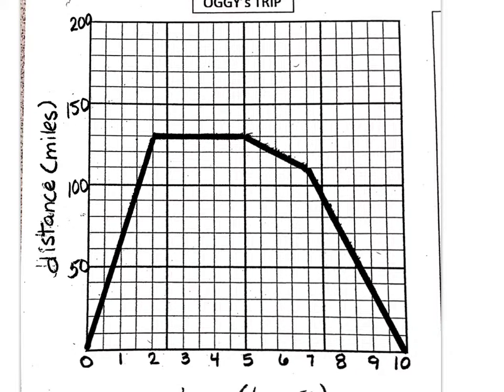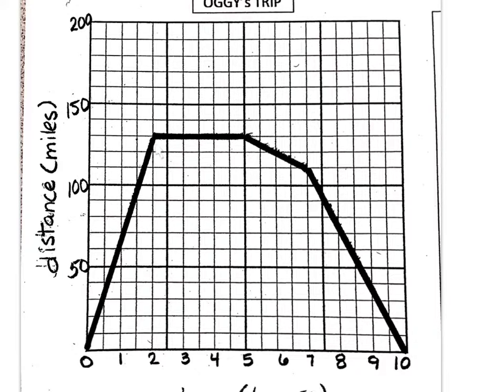In this video, we're going to talk about how to find a rate of speed for different legs of a graph. And you can see with this graph, there are going to be 4 different legs. So we have this first leg, which is this leg right here.